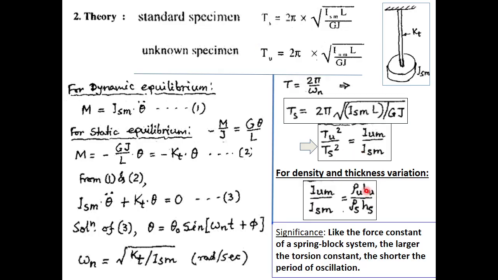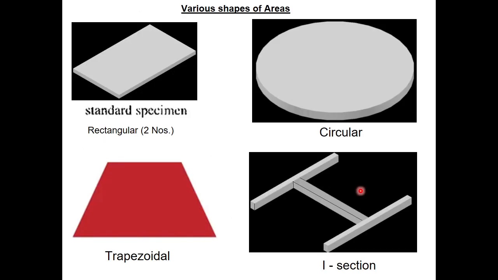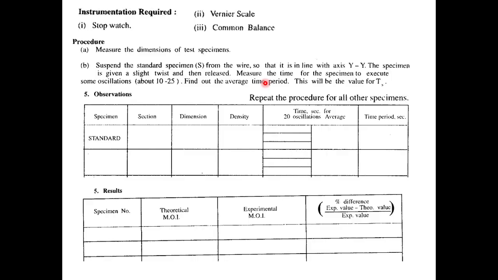When we have to calculate the density, in that case we need the balance, because we have to carry out calculation of volume for the specimen. We need to find out the volume, and then from the weight we are getting using the common balance, we can determine density.